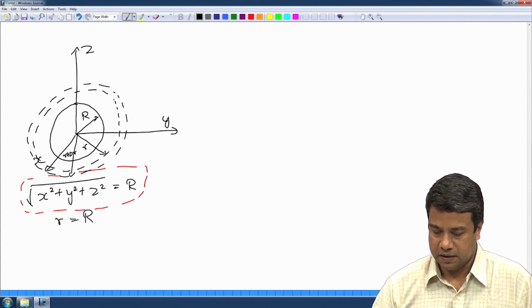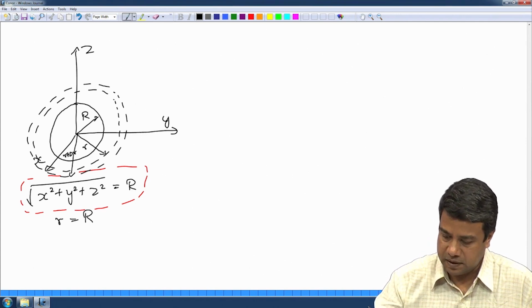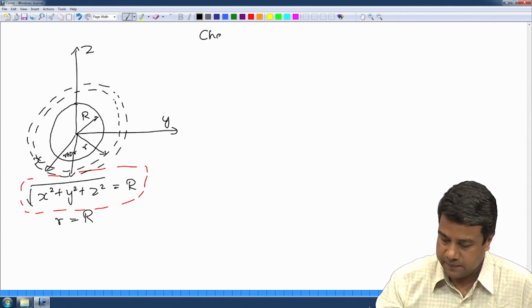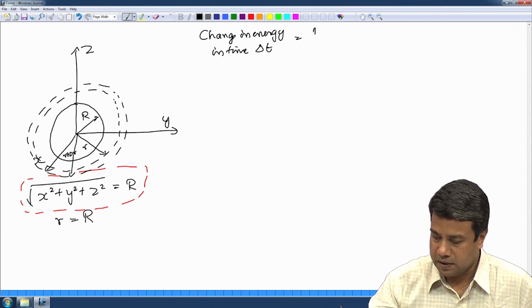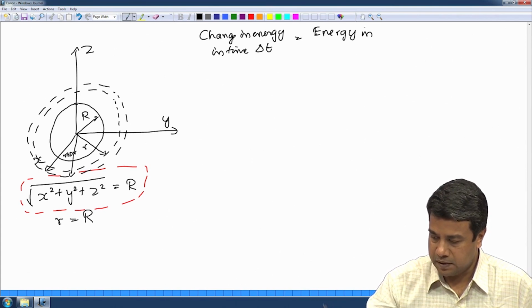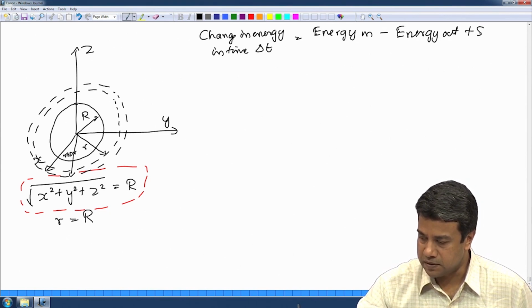So if you are solving the heat transfer problem, for example, I would say that the change in energy in time delta t is equal to energy in minus energy out plus any sources.